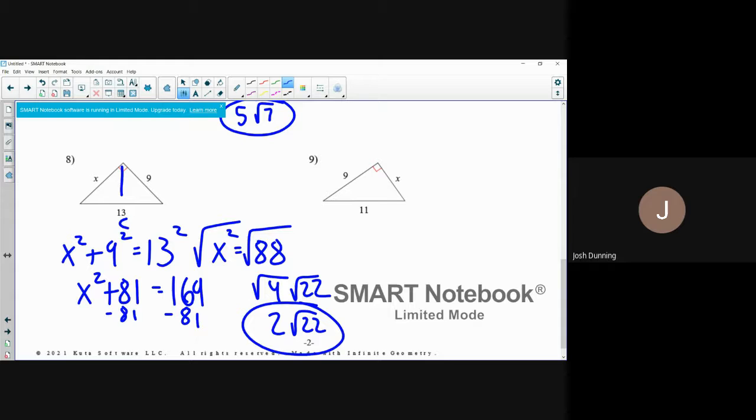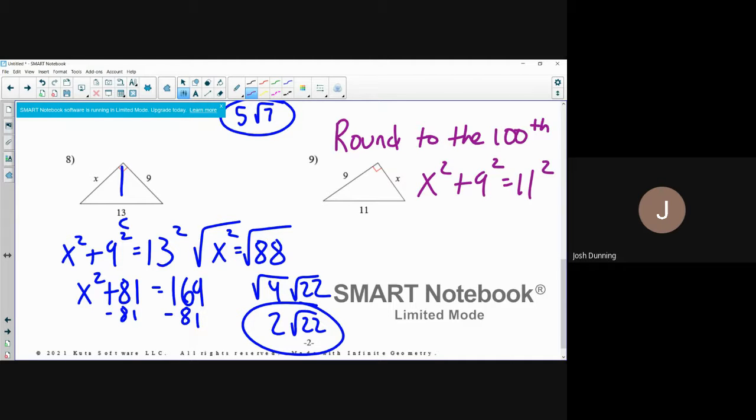Now, on number 9 here, just to remind ourselves, if it says to round, like anywhere, we'll go to the 100. I think that's what I did in class. If it says to round, and again, we're changing the instructions just for this last one, because I want to remind you.